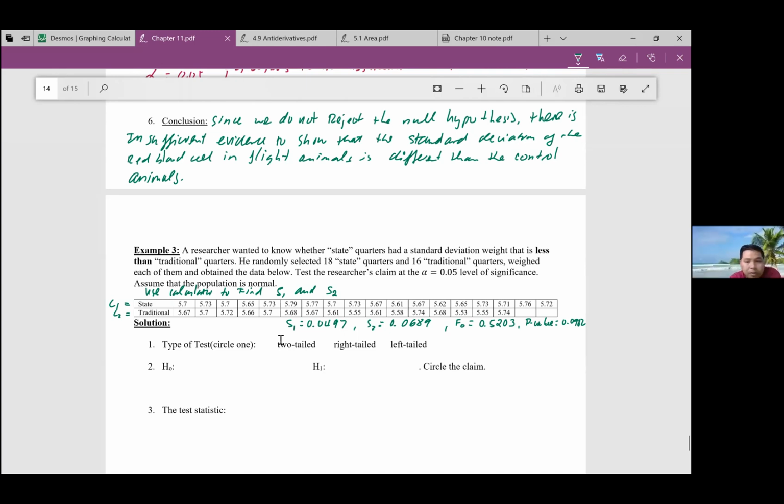Oh, you cannot use sigma. You have to use S, Alisa. This is not a population. It's a sample.